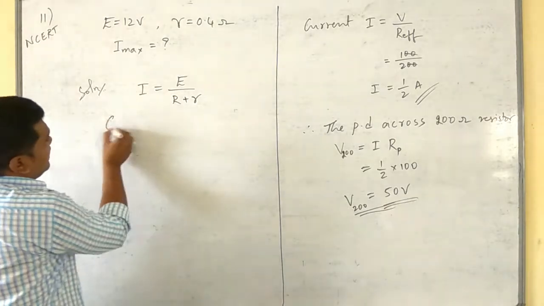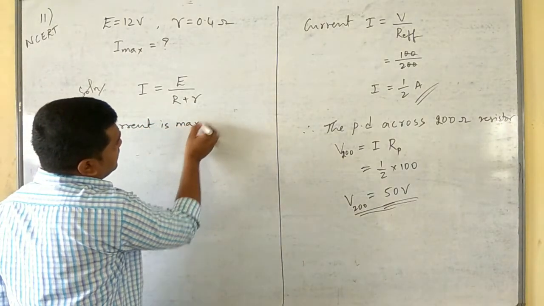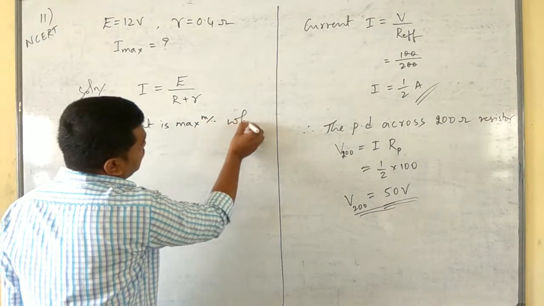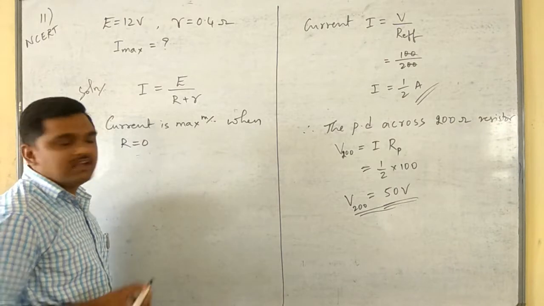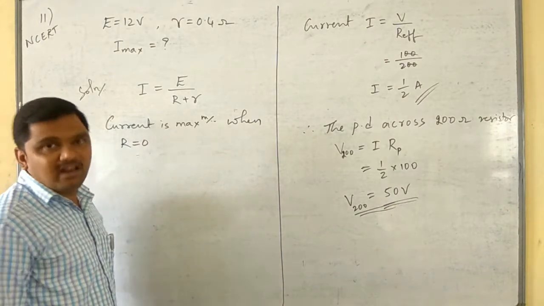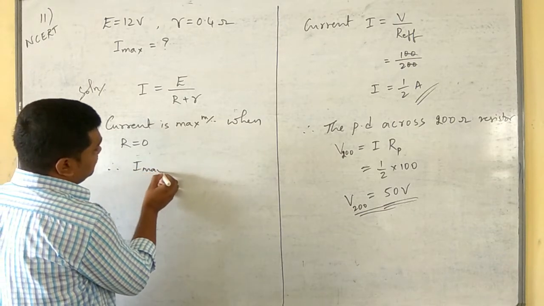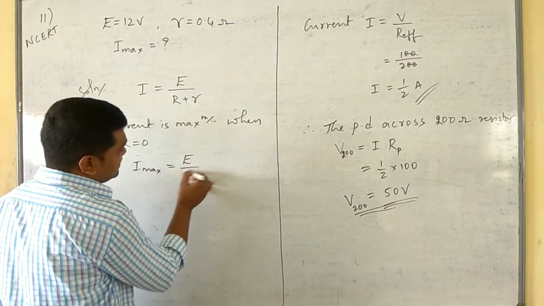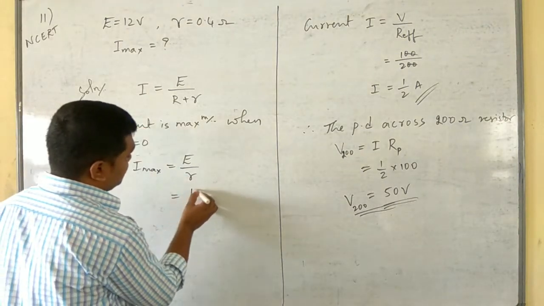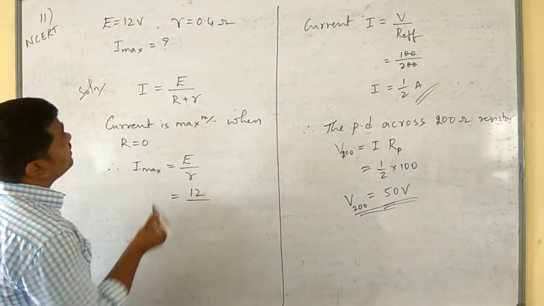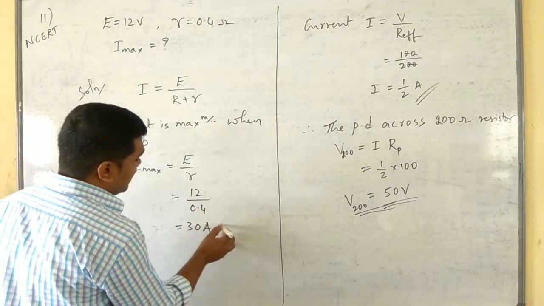Here current is maximum when R is equal to 0, when there is no external resistance. Therefore, I max is equal to just E divided by r. What is the EMF given? 12 volts. What is the r given? 0.4. So therefore it becomes 30 ampere.